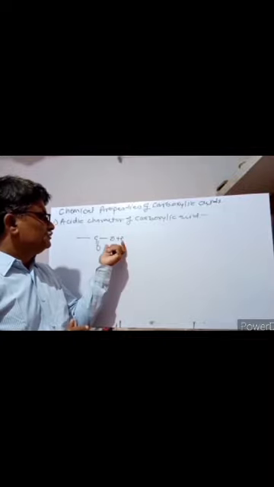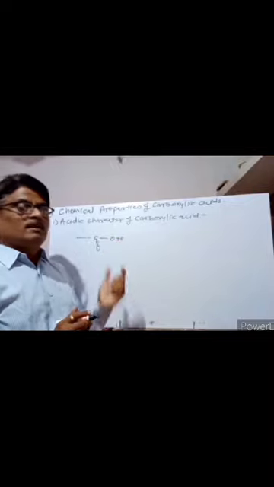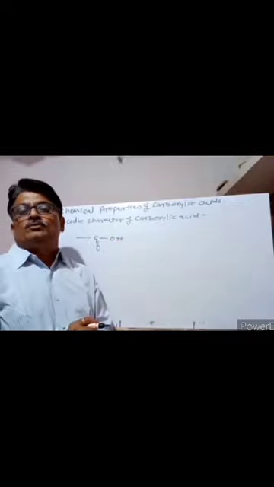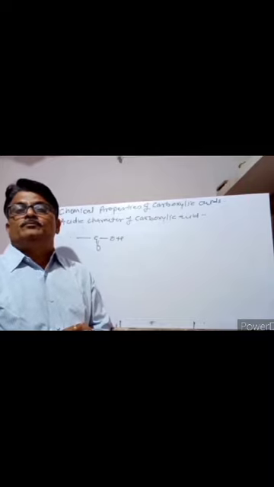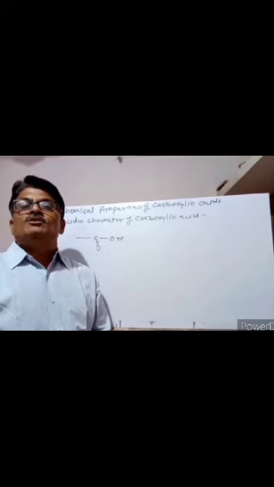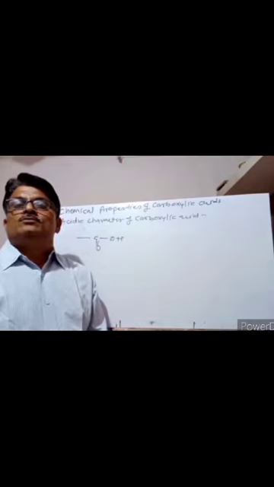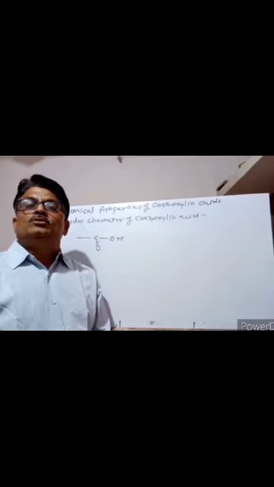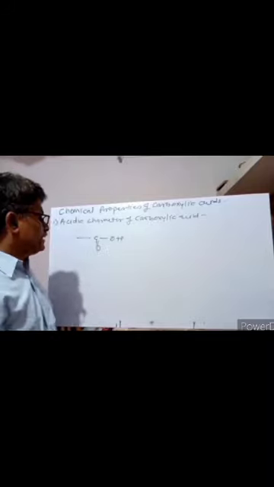Out of these two, in this group, the hydroxyl group dissociates a proton, forms a carboxylate ion. This carboxylate ion forms a conjugate base, which gives the acidic character to a carboxylic acid molecule, shown like this.